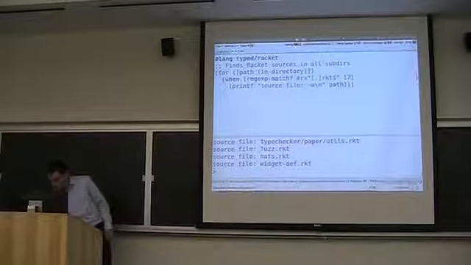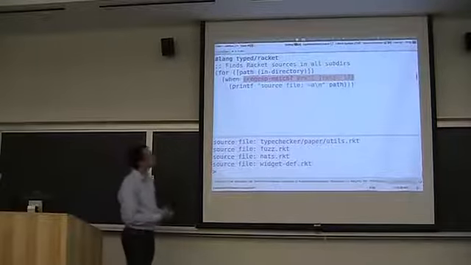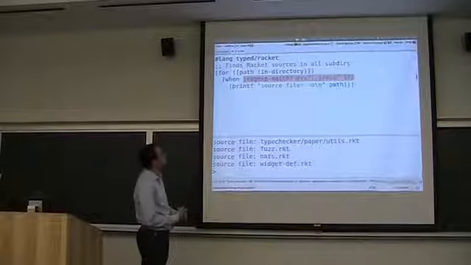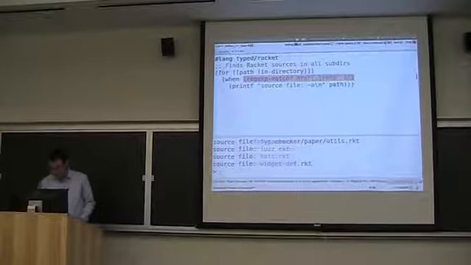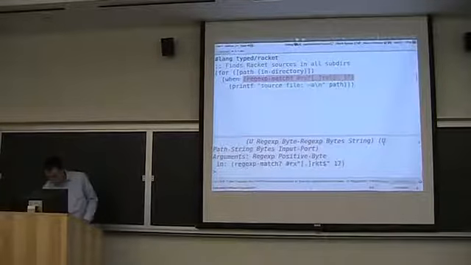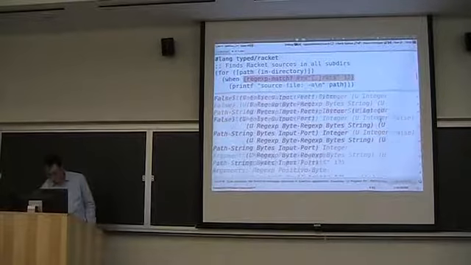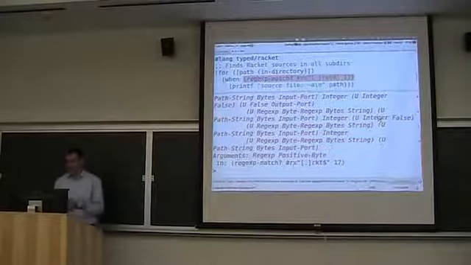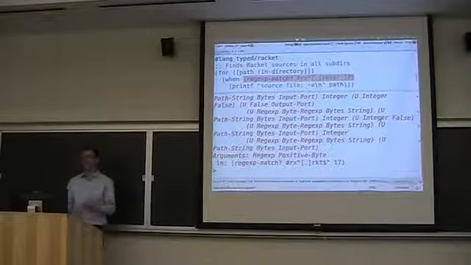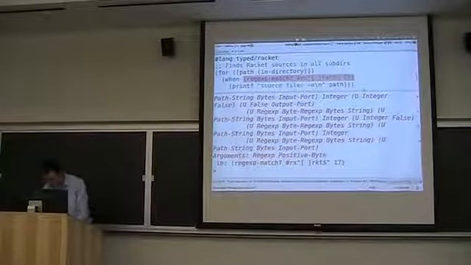It highlights this call to regexp-match. Typed Racket knows that 17 wasn't the right argument to regexp-match. And if we ran it, we would get a larger error message that tells you about all of the different ways that Matthew has made it possible to use regexp-match, none of which are with 17 as the second argument. So let's go back to our correct version.